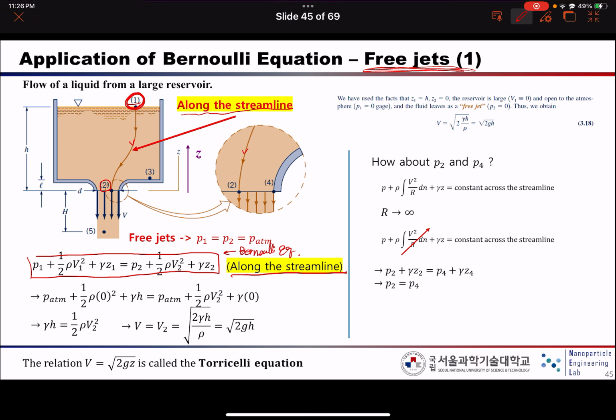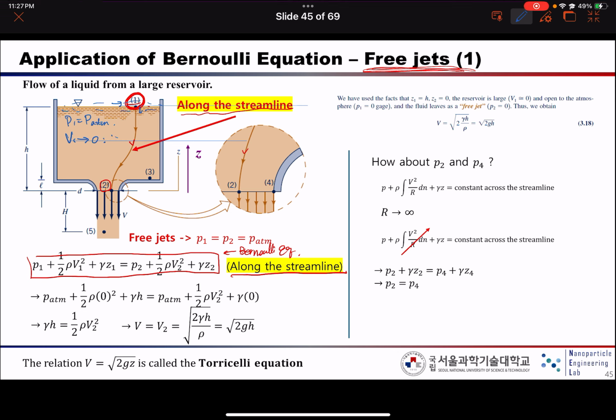So at point 1, as you already know, the pressure should be the same as the atmospheric pressure, right? How about the velocity? Because this is a very large reservoir, even though there should be a little bit of velocity, it is close to zero.